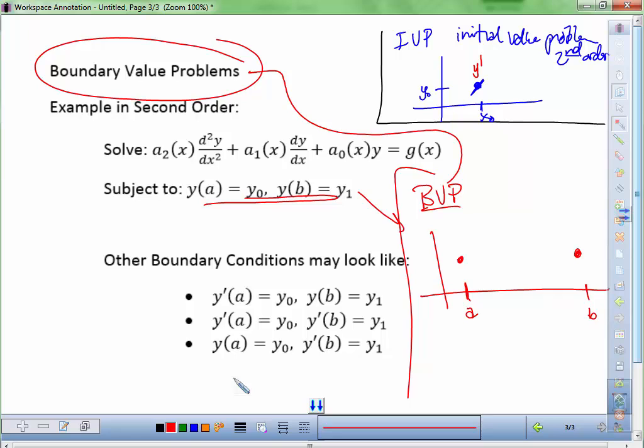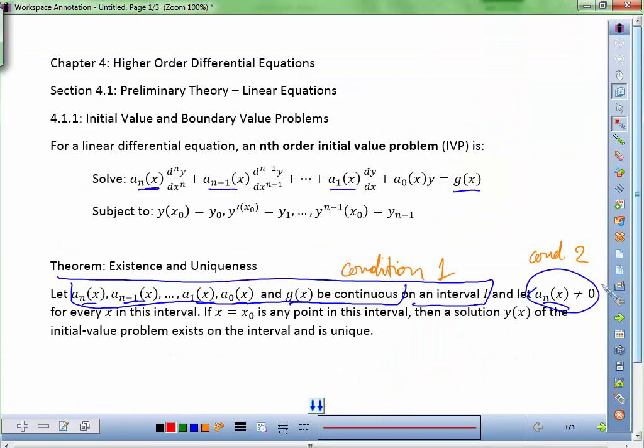Now, there is no existence or uniqueness theorem for boundary value problems. The existence and uniqueness theorem only involves initial value problems. Well, this is an initial value problem, IVP.